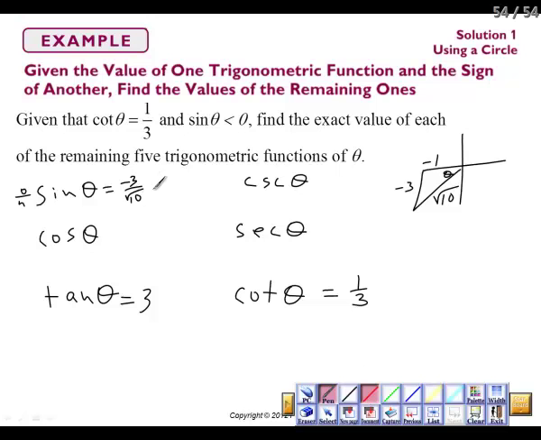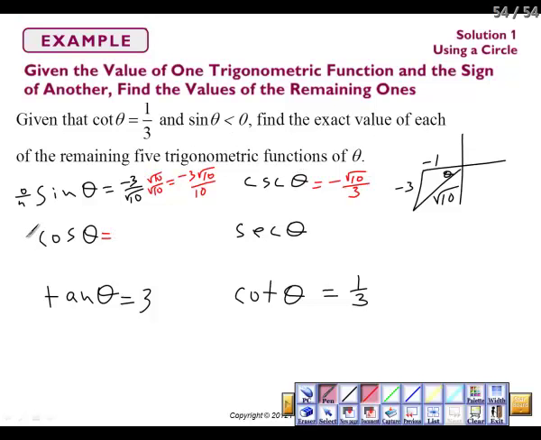Square root of 10 over square root of 10. So this would be -3 square root 10 over 10. Well, cosecant, just take the value of sine before you rationalize the denominator, and this is going to be what value? You should have said -square root 10 over 3.